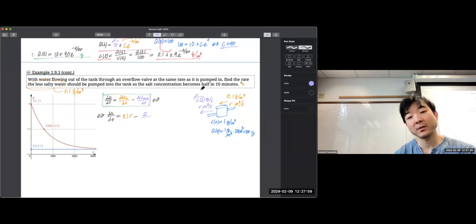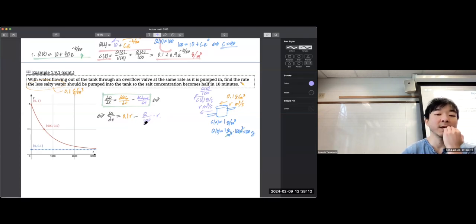But C of t is just equal to Q of t over 100 again, because we're pumping in at the same rate. So this will be Q over 100 times the R, which is the rate that's going out. Both of them are the same rate going in and out.